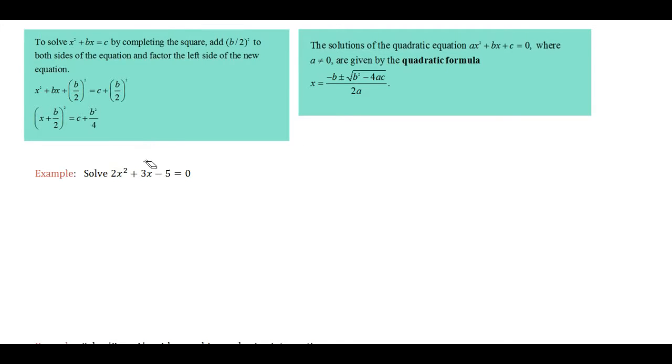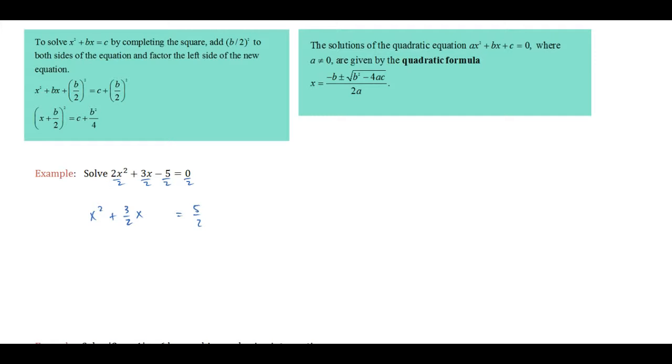And let's see. So notice the big trick on completing the square, you cannot have anything in front of x squared. So I need to divide everybody by 2, and that's already going to make a lot of us cringe. So that's x squared plus 3 over 2 x minus 5 over 2. But I'm going to move that 5 over 2 to the other side, if you don't mind, because I want to complete the square now.